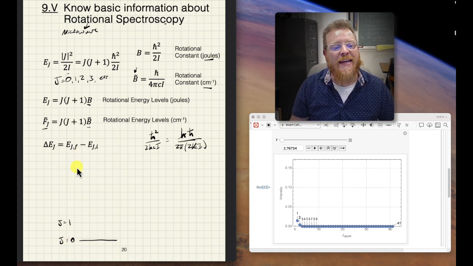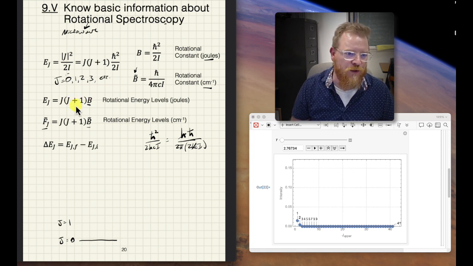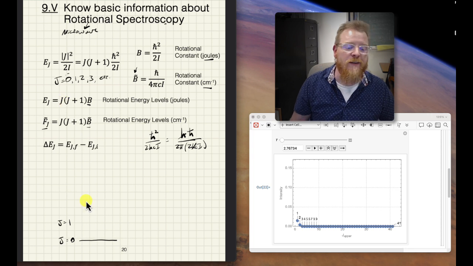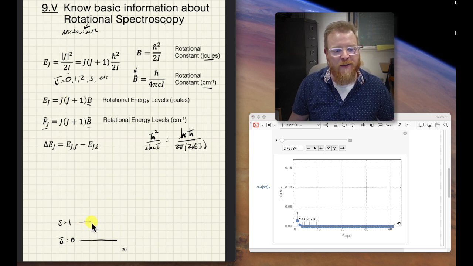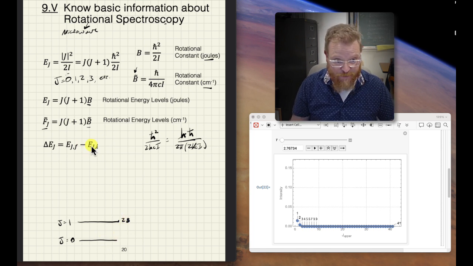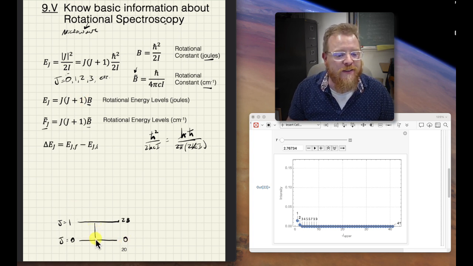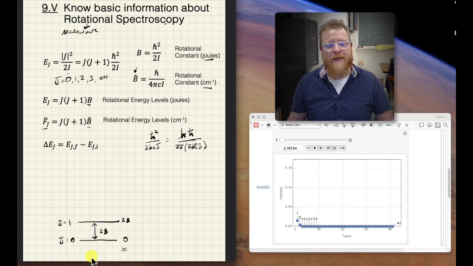With J equal to 1, and we'll stick here with just the joule solution, 1 plus 1 is 2 times 1 is 2. So that level will be at a value of 2 times B. And if we take the difference between those, noting that when J is 0, this whole thing is 0, the difference between the first level is 2B.